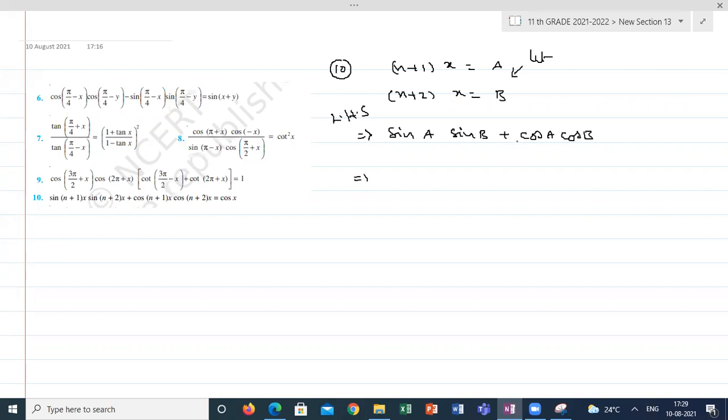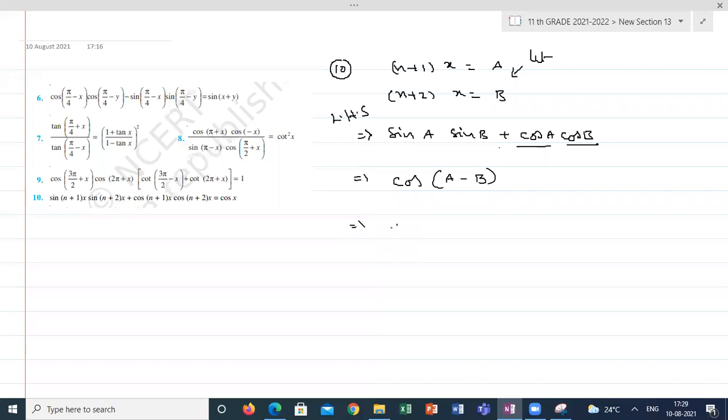So this expression is cos a cos b plus sin a sin b. I can write this as cos of a minus b. Guys, am I right? Or cos of b minus a, doesn't matter. Cos of a minus b, both are the same.